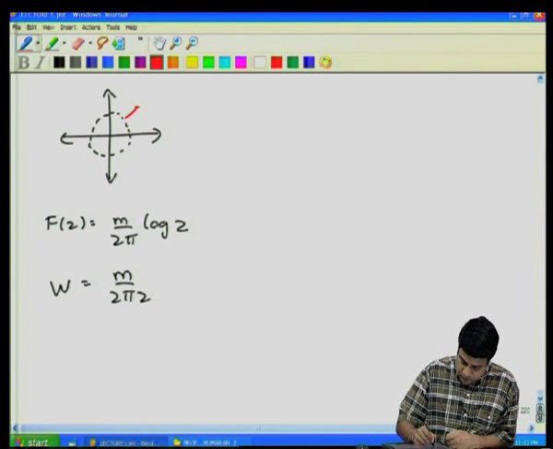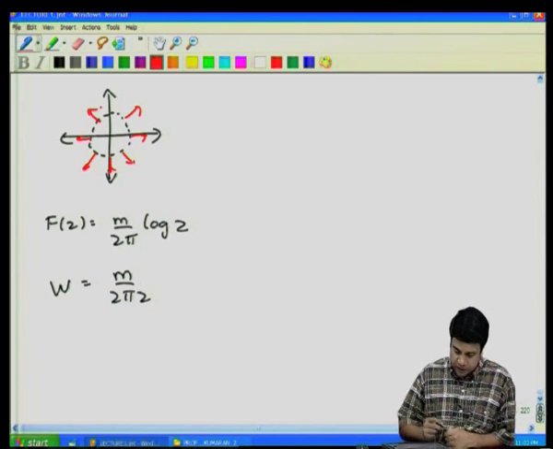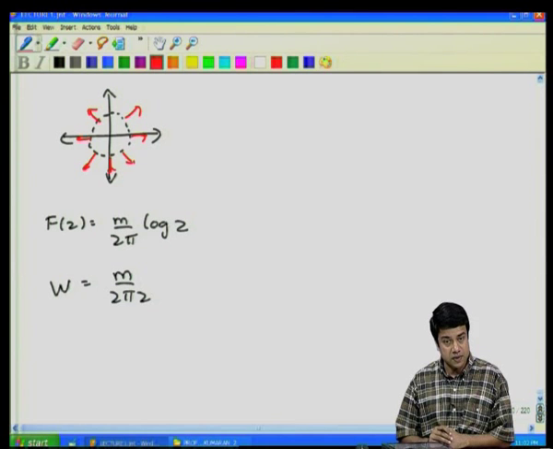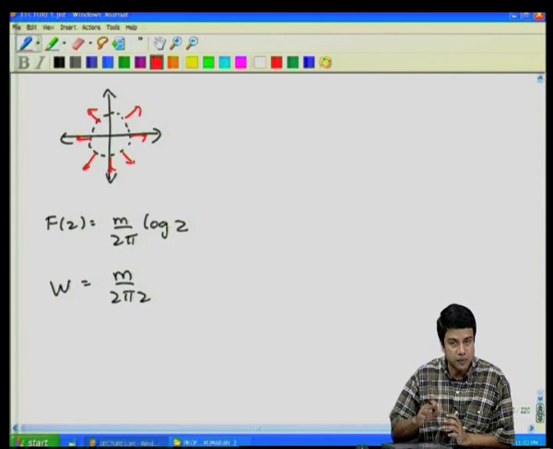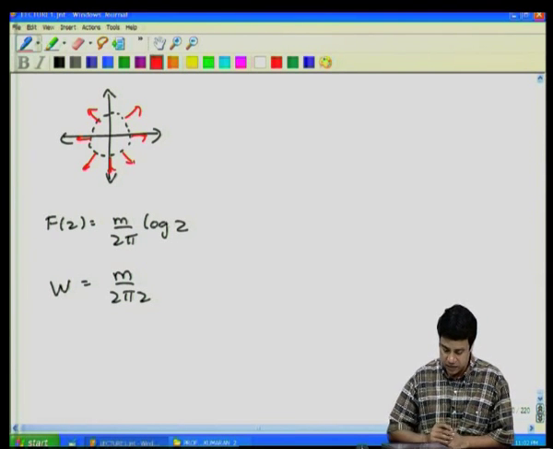And the source strength was m, the amount of fluid coming out per unit length perpendicular to the plane of the flow. As I said, this is 2 dimensions, and therefore we assume that it's infinite perpendicular to the plane of the flow. And all quantities, whether it's the mass coming out, the force, etc., are per unit length perpendicular to the flow. Okay.